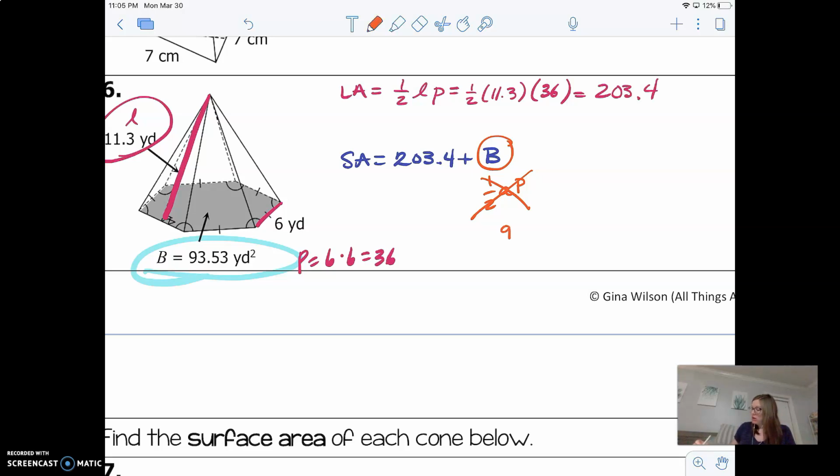So you would just plug in 93.53 and add that to the 203.4. And then you're done. Okay, but just be careful. If it doesn't give you that capital B, then that's where you would need to actually calculate it using your formula.